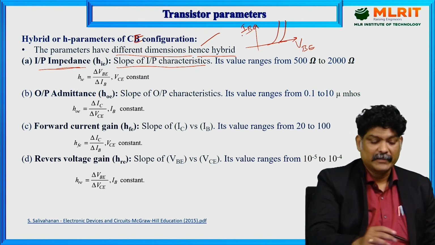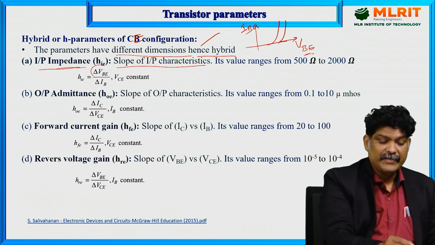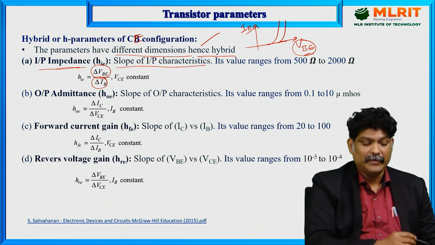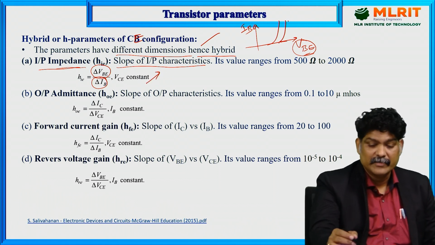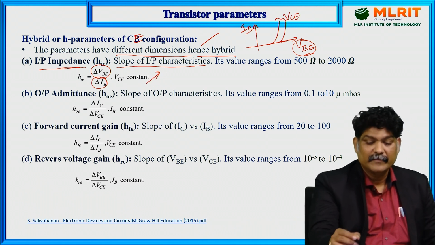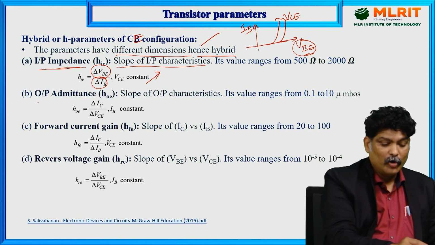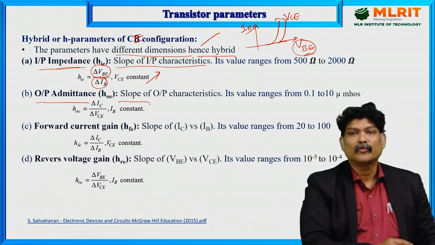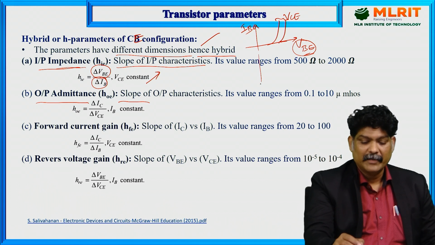Therefore HIE is change in VBE by change in IB when VCE is constant.